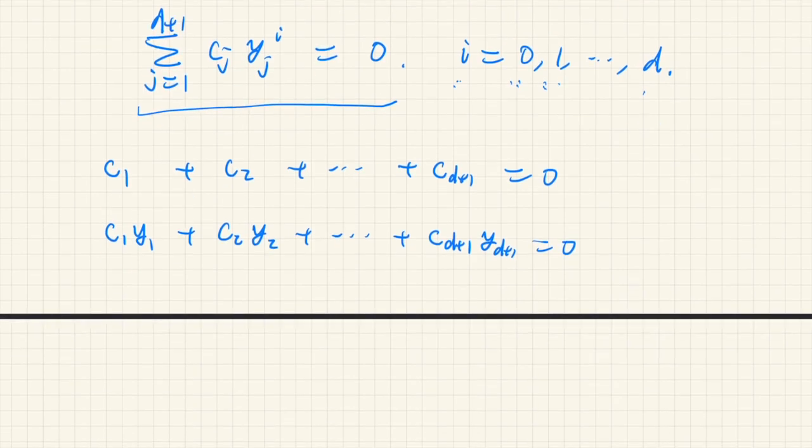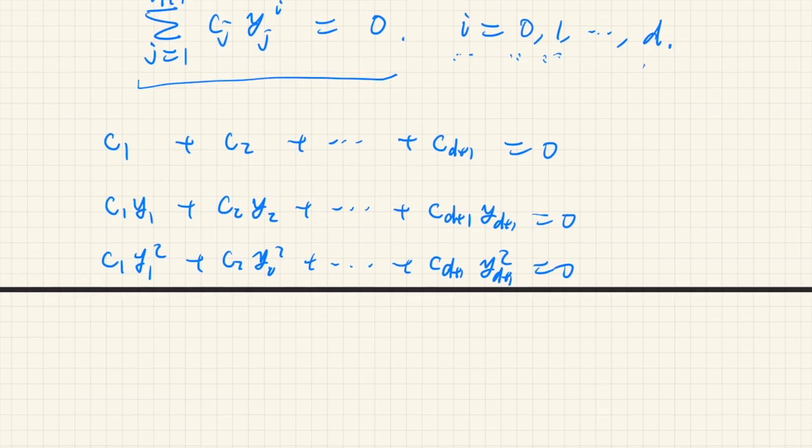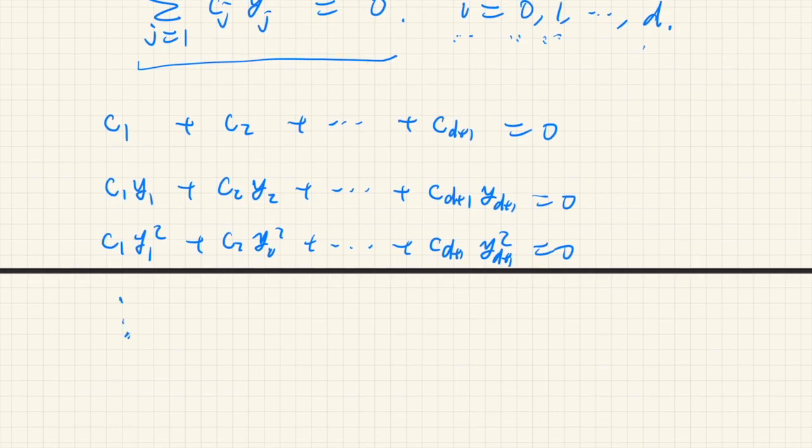When i is equal to 2, c1 y1 squared + c2 y2 squared + and so on, c_{d+1} y_{d+1} squared equal to 0. And this continues up to i equal to d: c1 y1 to the power of d + c2 y2 to the power of d + and so on, c_{d+1} y_{d+1} to the power of d equal to 0.